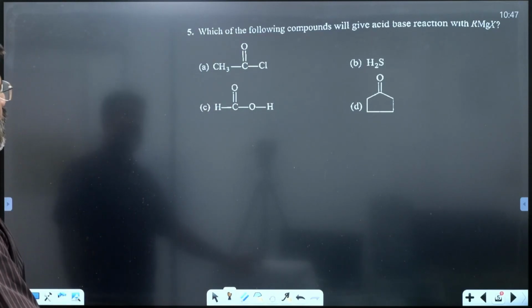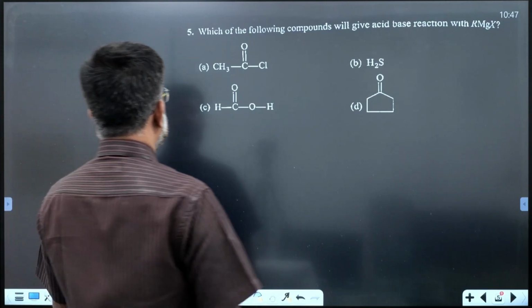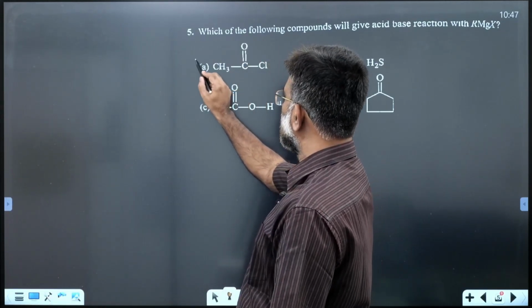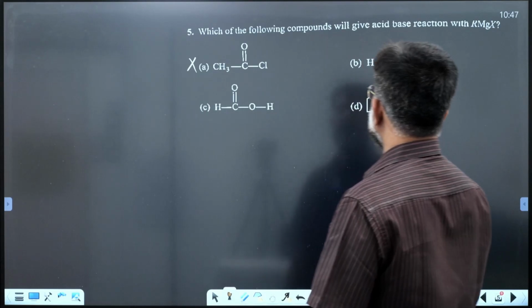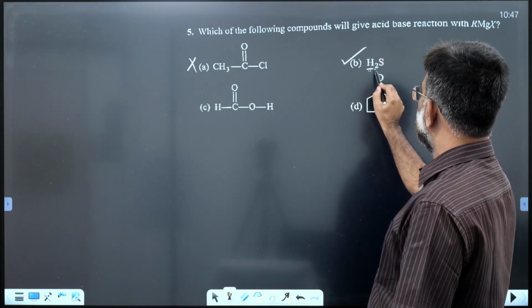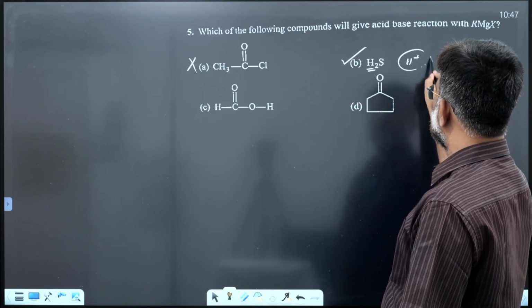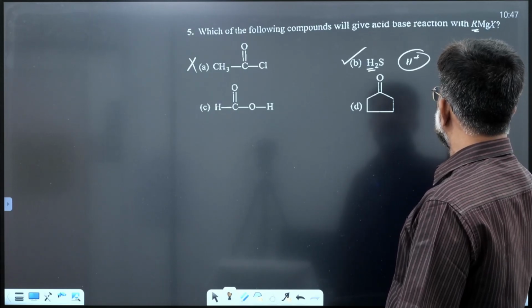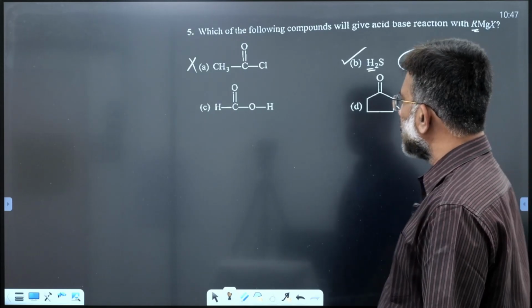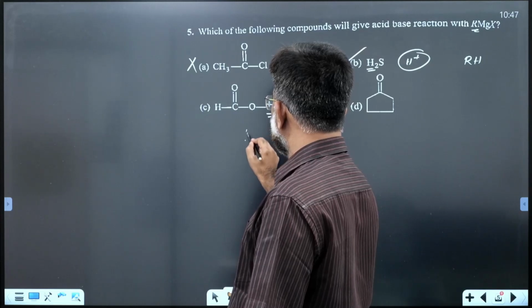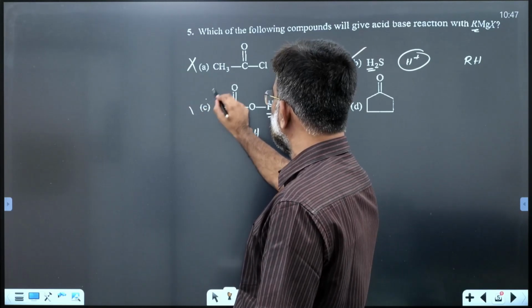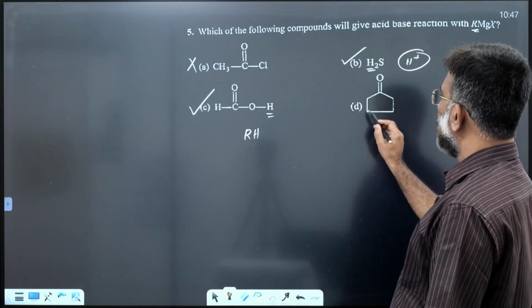Which of the following compounds will give acid-base reaction with RMgX? See, there will be addition reaction over here, and that is not the answer. And this is an answer, it is giving H plus. It will give H plus and there will be acid-base reaction, you will get RH. And this will give addition reaction.